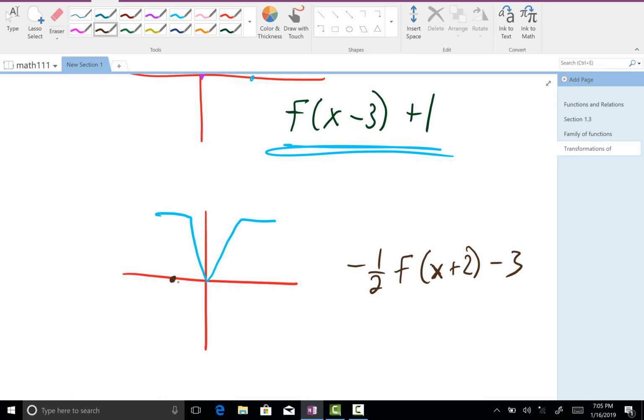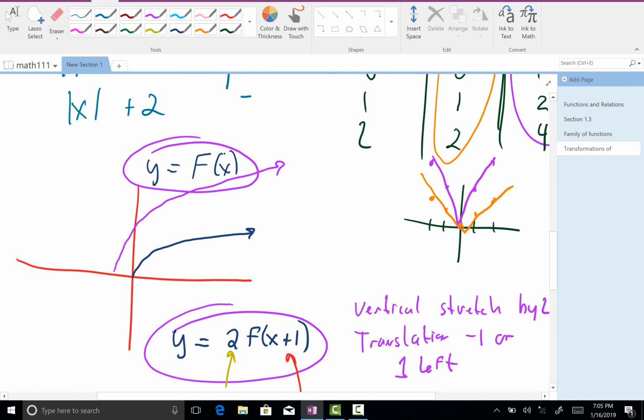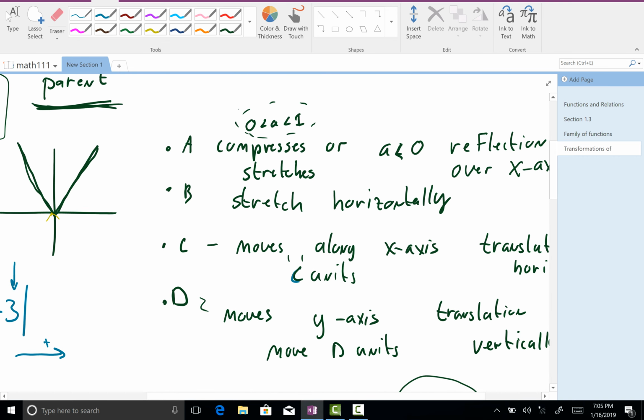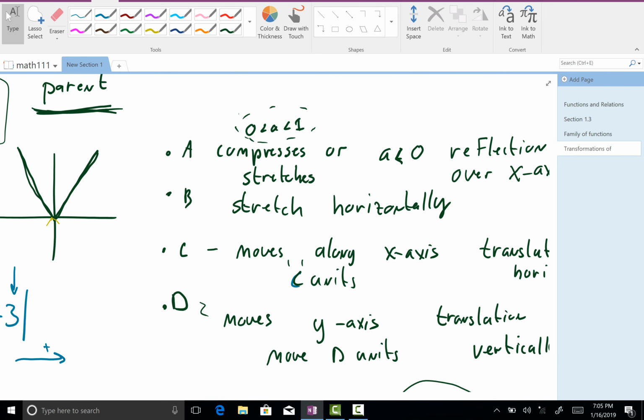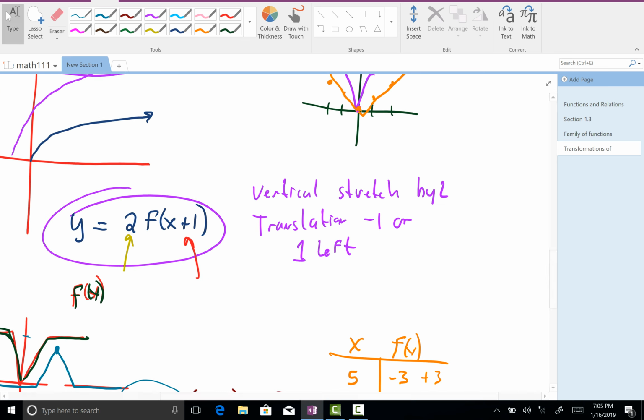X-axis. What else? What is the 1/2 going to do to it? Well, negative reflects it. So let's see what you wrote down. You told me that when a is between 0 and 1, you get a compression. That's what you told me.